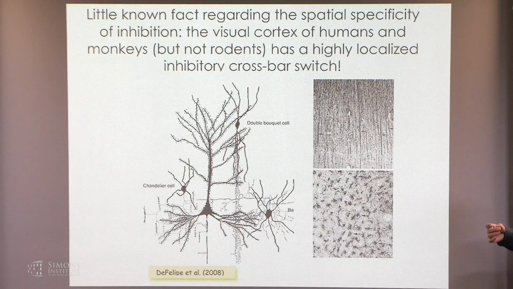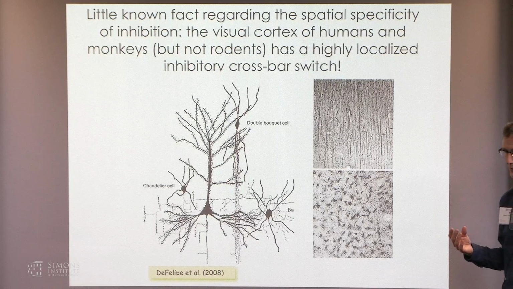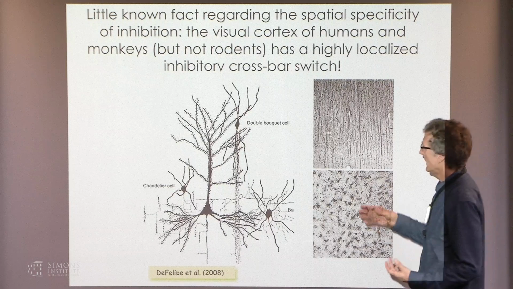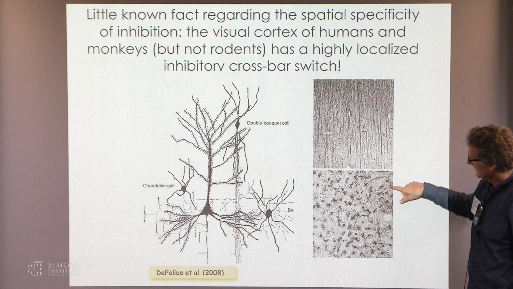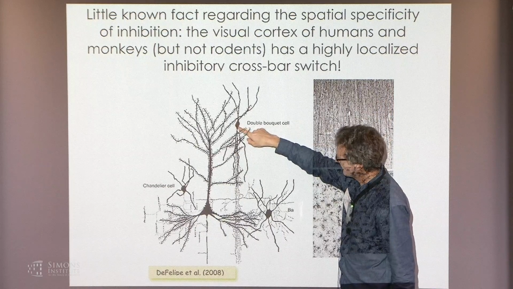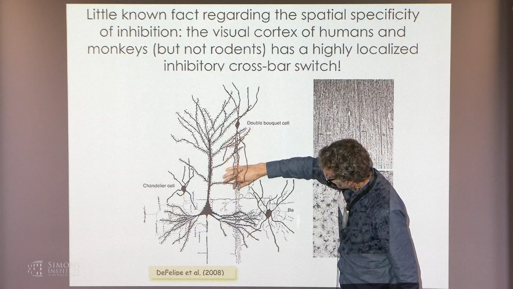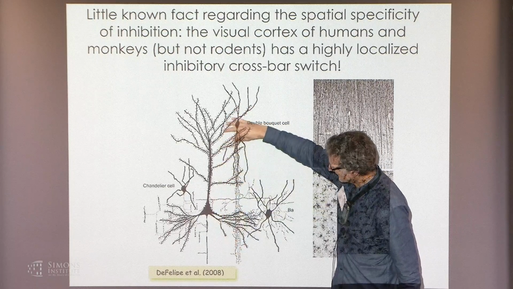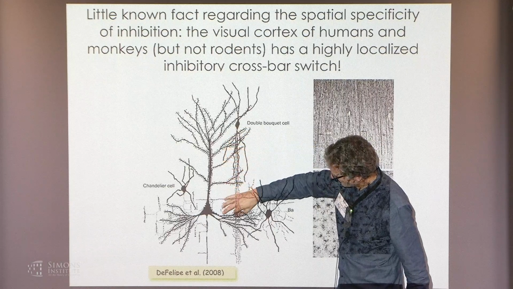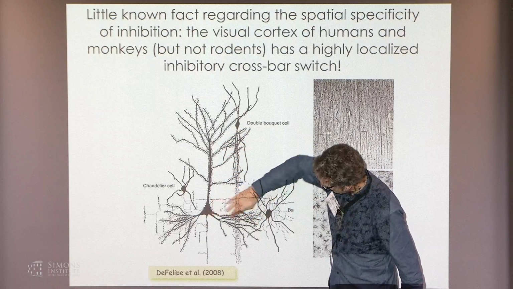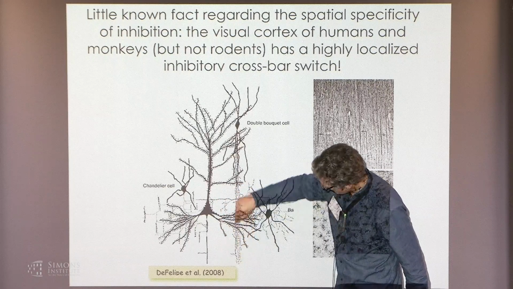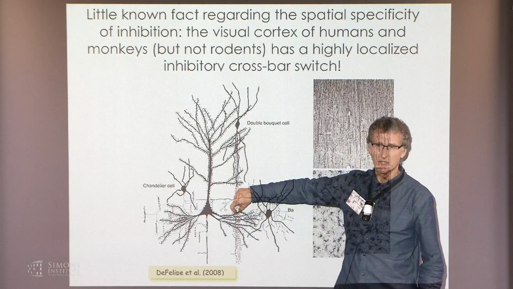In primates, there is a system of inhibitory interneurons that is extremely spatially localized. It's very numerous. This is the top, so this is the cortex, and these inhibitory neurons, shown here, are called double bouquet cells. They have these very narrow columnar axons, like a little 10 micron cylinder, in a structure that is maybe 100 or 150 microns tall. This cylinder goes up and down and makes inhibitory contacts onto one little bit of a dendrite.